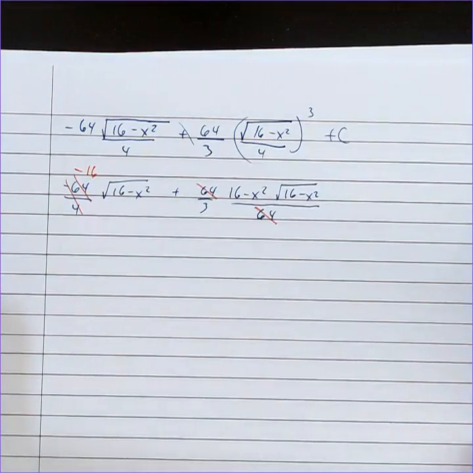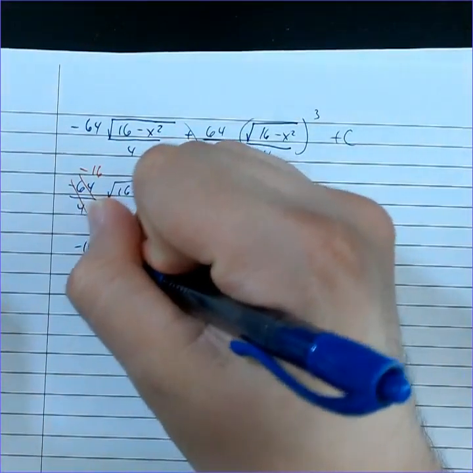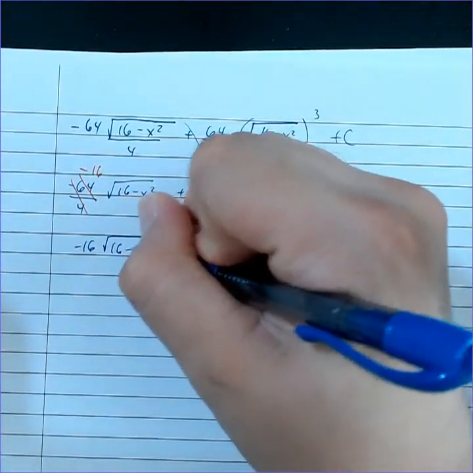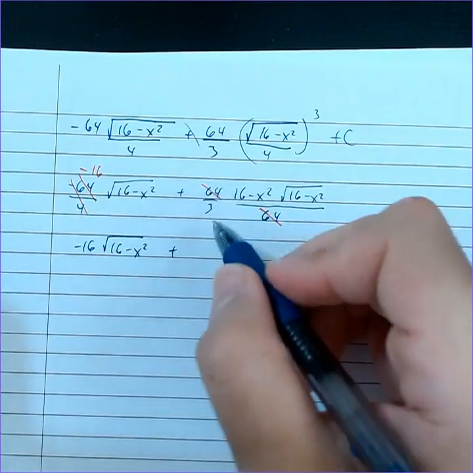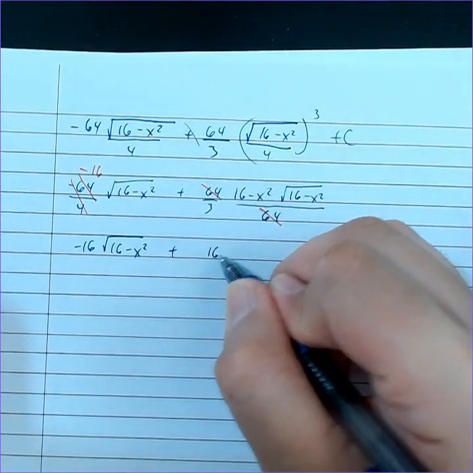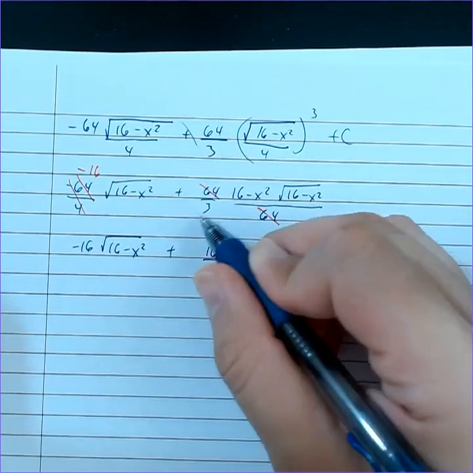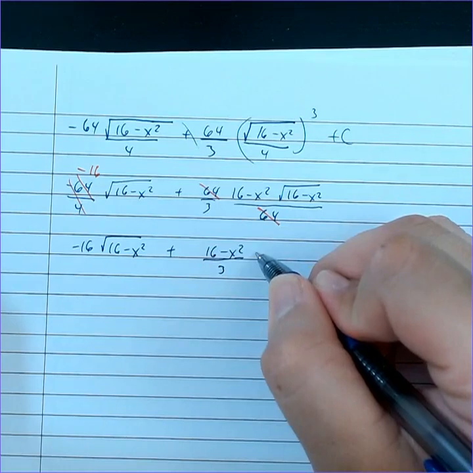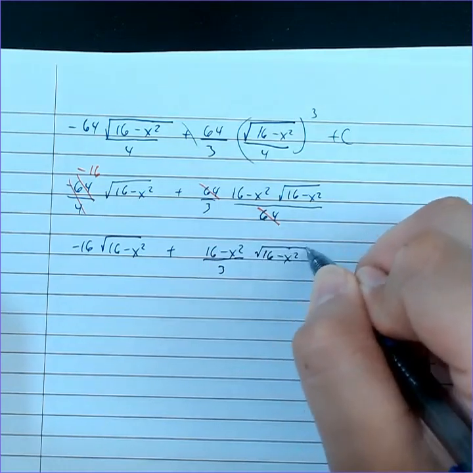And so now we're left with negative 16 square root of 16 minus x squared plus, this is going to be over 3, and that's going to be 16 minus x squared over 3 times the square root of 16 minus x squared, like that.